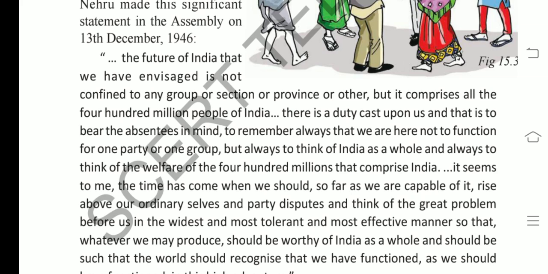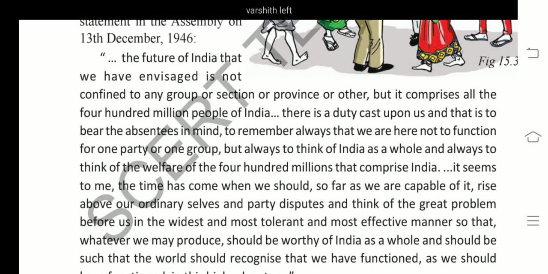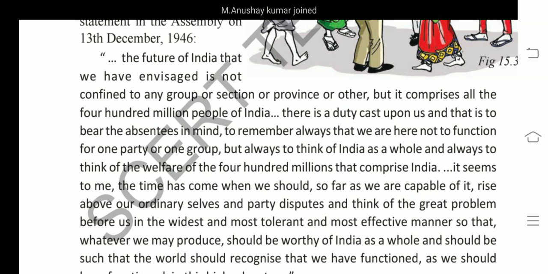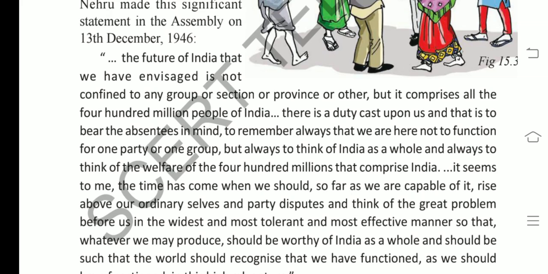That means they have to keep all their efficiency and efforts, and whatever capacity they have, they should use it to prepare the best constitution. Understand? Nehru says that we have to come out of ordinary results.